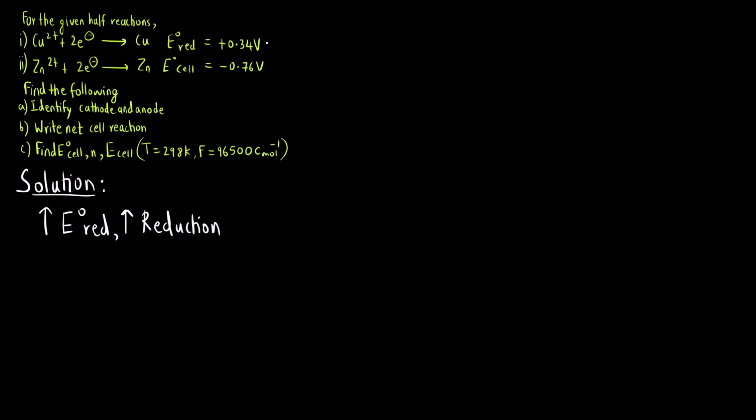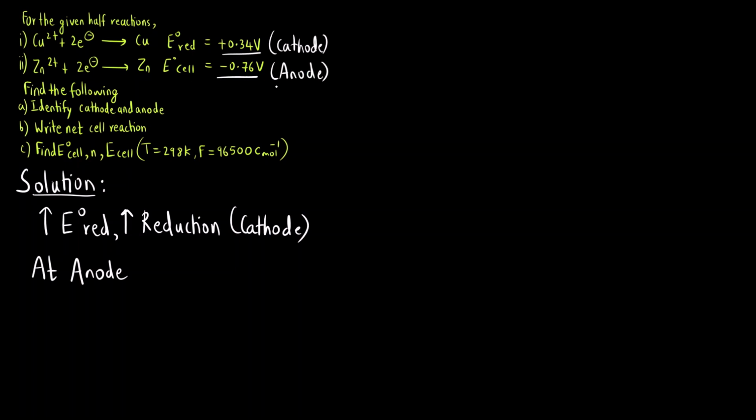So the electrode which has the higher value of standard reduction potential will undergo reduction, or act as the cathode, because reduction takes place at the cathode. Which is the higher value? This is plus 0.34, this is minus 0.34. So 0.34 is higher. This will act as the cathode and this will act as the anode.